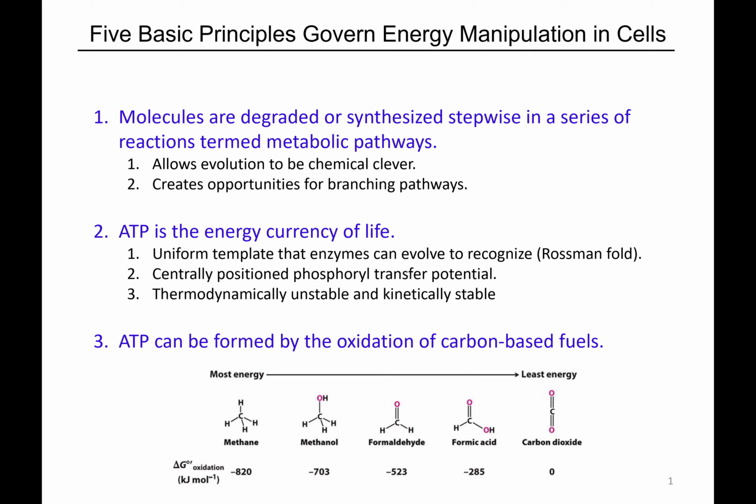So, for example, we're going to see today in glycolysis that if we didn't go through this stepwise mechanism to convert glucose to pyruvate, we wouldn't have the opportunity to create ATP along the way, right? So having these steps allows evolution to create reactions that are really beneficial. Okay, and that's what I mean by chemically clever.